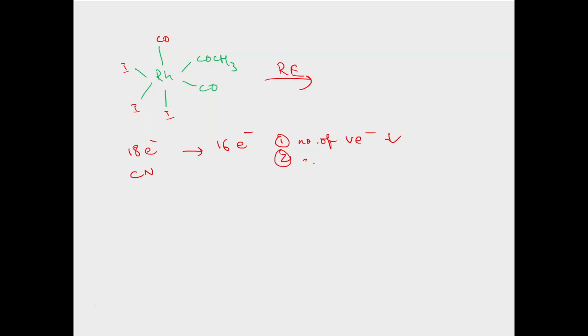Also, reductive elimination takes place only if the two ligands are cis to each other. Okay, so it is a necessary condition for reductive elimination. If the ligands are cis, then only this can take place. If they are trans, then it is not prone to reductive elimination. So which ligands are cis to each other? That we have to see.